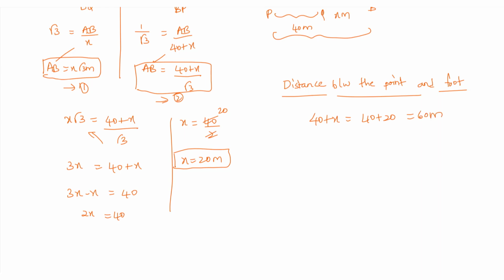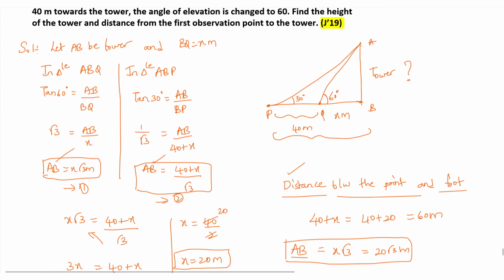Distance we found out, and we should also find the height of the tower, that is AB equals to x root 3, that is 20 root 3 meter. So height of the tower and the distance is found out. So this whole will be 40 plus 20, we got as 60 meter, and this was x root 3, so we got as 20 root 3 meter.